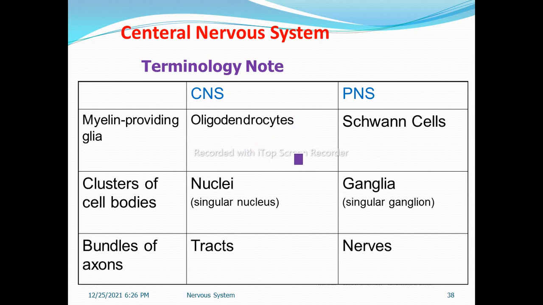So all these are glial cells, or we can say neuroglial cells.